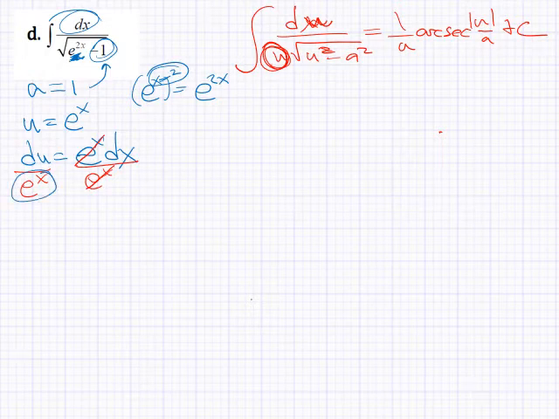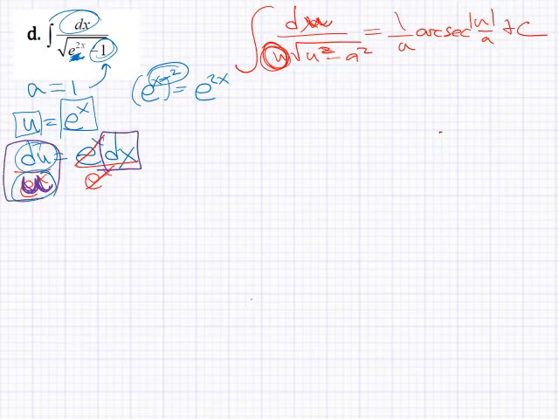This is an e to the x, and this is a du, and I really don't want x's and u's mixed together here. But remember, e to the x, we said, equals u. So I could say this is just du over u. Okay? So dx equals du over u, and that's where that extra u comes in.